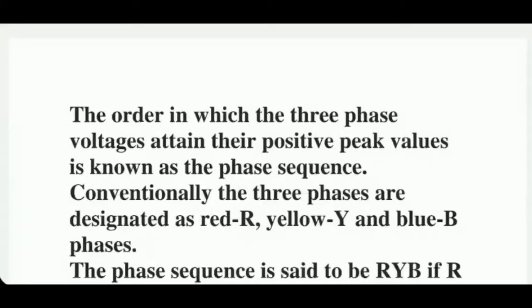If VB is at minus 120 degrees and VC is at minus 240 degrees, it's a positive sequence. It can also be called ABC or RYB. A means R, B means Y, and C means B, blue. RYB is also a commonly used nomenclature instead of ABC.